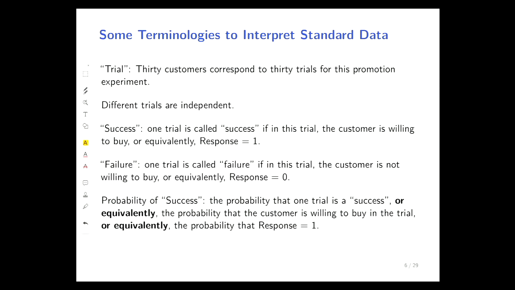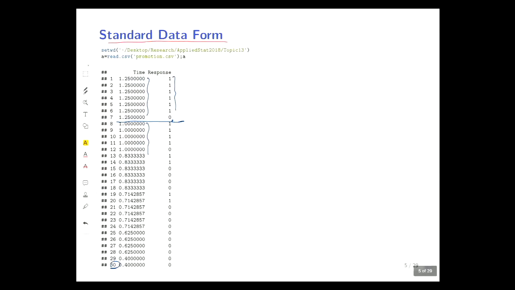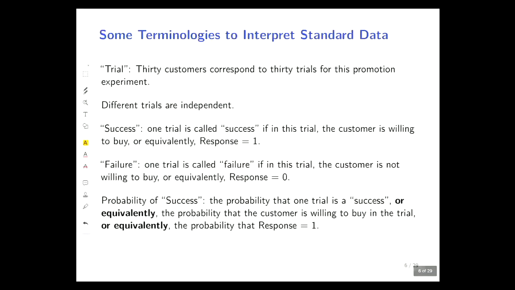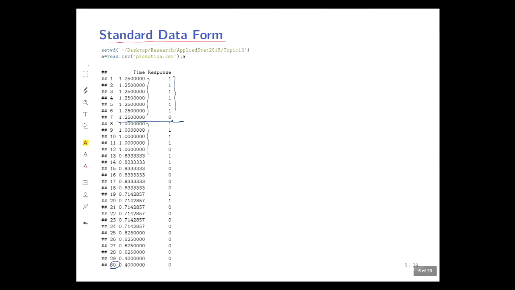Here we have 30 customers, and the 30 customers correspond to 30 trials of this advertising experiment. That means the company has these 30 trials of advertising to the 30 customers.